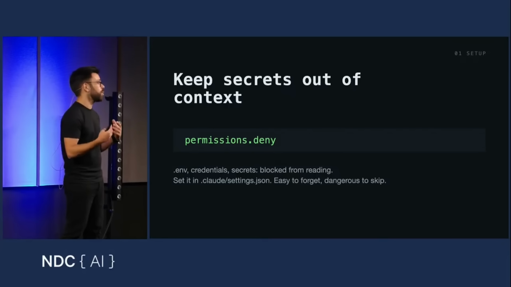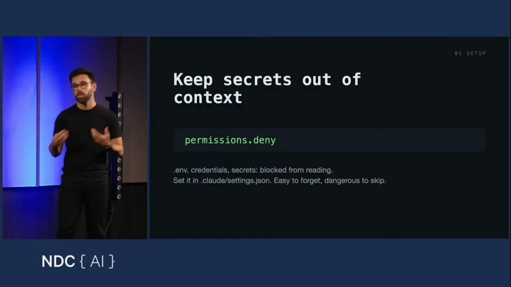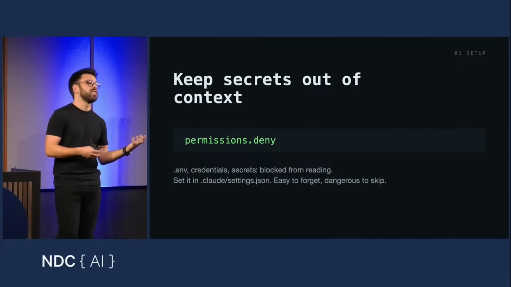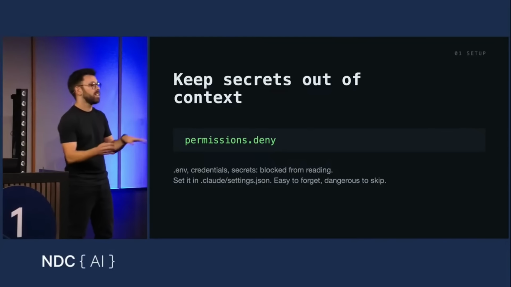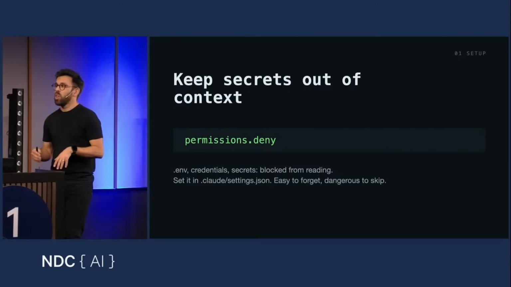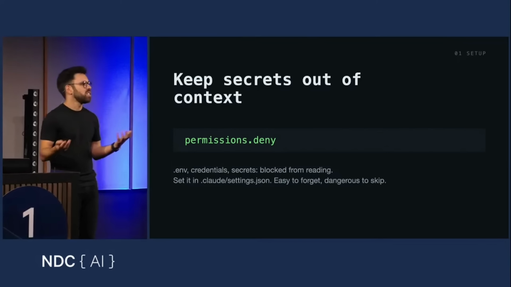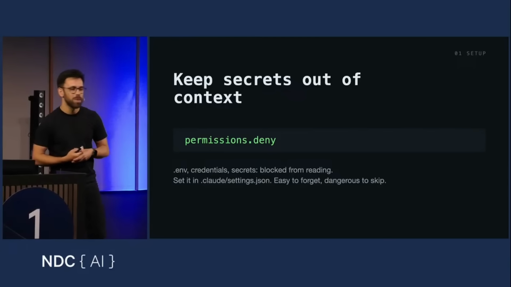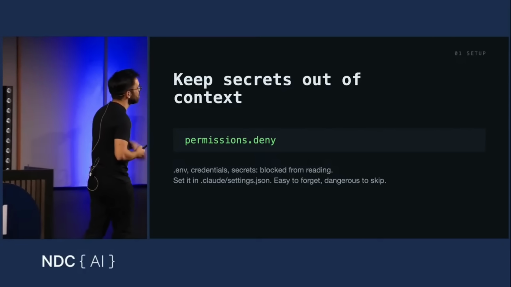Also, you can deny running certain types of bash commands. For example, if any of you is a .NET developer, there's the dotnet user-secrets. You can deny that one, and no one in your team can do it. Ideally, no one brings production keys into the local repo, but it happens, you know that, right? So you want to be the one taking care of the rest of the team, so you want to put that over there.